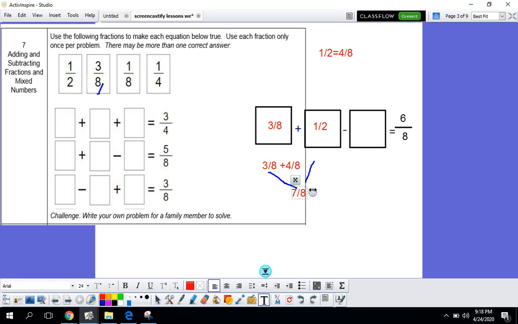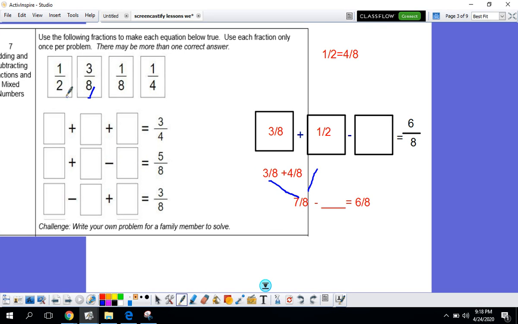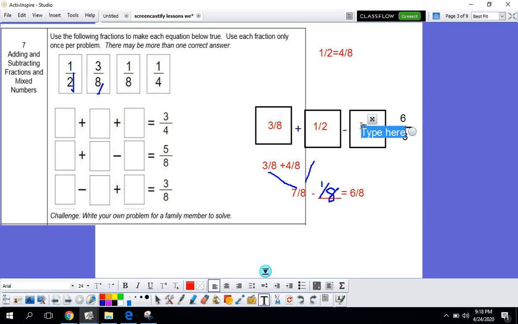Now I have to think, 7/8 minus something gives me 6/8. Well, that shouldn't be too bad. I have 7/8. I need to get to 6/8. I only need to take away 1, and guess what? I have a 1/8 there. So 1/8 must go here, which means the 1/8 must go in this box.